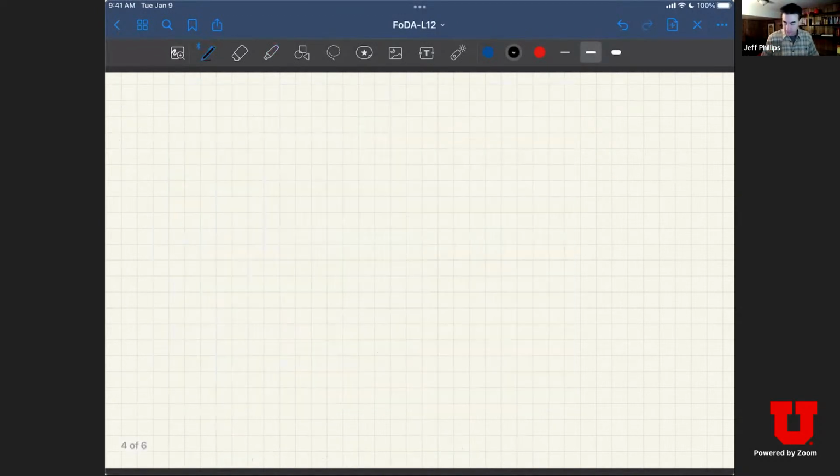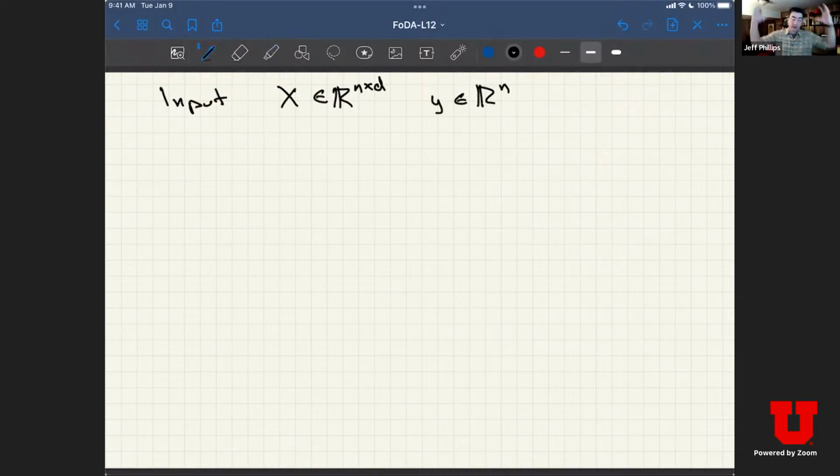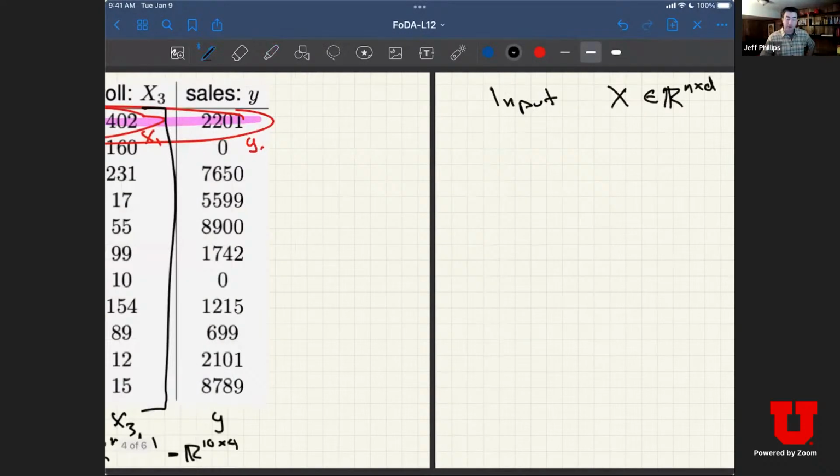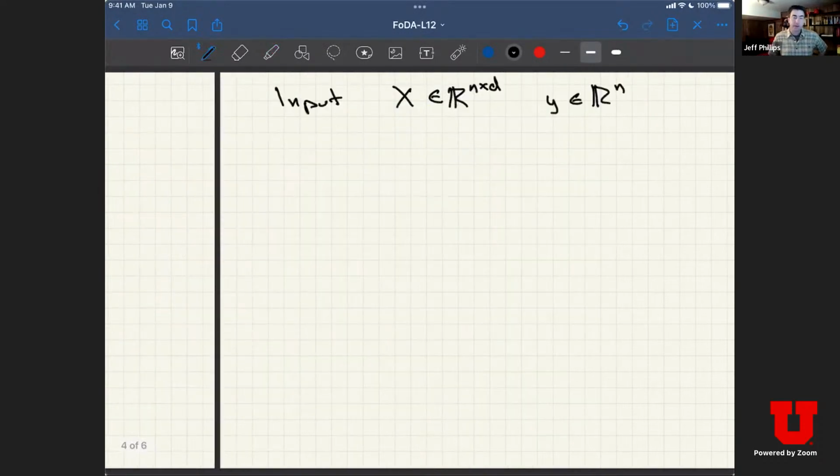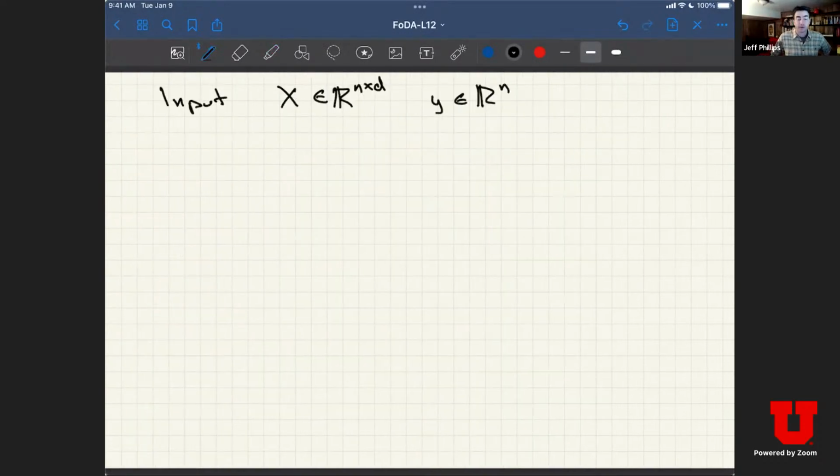Right, so now we're going to think of the input as a matrix X in R^(N times D), and a corresponding Y in R^N. Okay, I'll treat X as a matrix. I'll take all those data points and I'll stack them together this way, turn it into a matrix. And then I would like to solve for this Y, right?